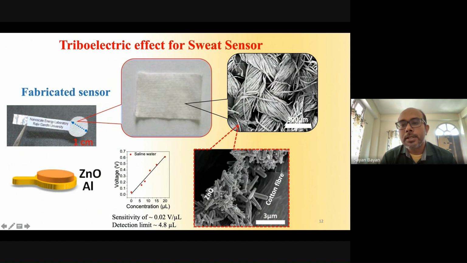This is the FESEM image of the cotton cloth, and over the cotton fibers we have developed zinc oxide nanorods, and we have checked the sweat sensing application of the sensor. We used saline water. You can see that with different concentrations of saline water, the voltage increases, and we have found a sensitivity of around 0.02 volt per microliter with a detection limit of 4.8 microliter.